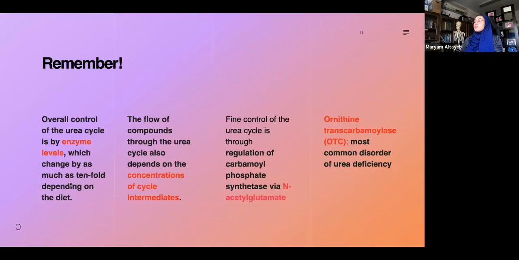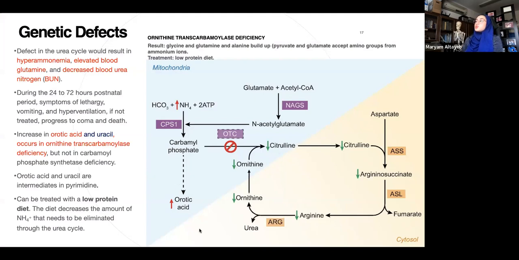The flow of compounds through the urea cycle depends on the concentration of intermediates. So if you're consuming a very low protein diet, you won't have as many intermediates. That way, these patients will not have as severe of a problem as they would if they were eating very high amounts of protein. Okay, so again, what do we treat them with? Low protein diet.